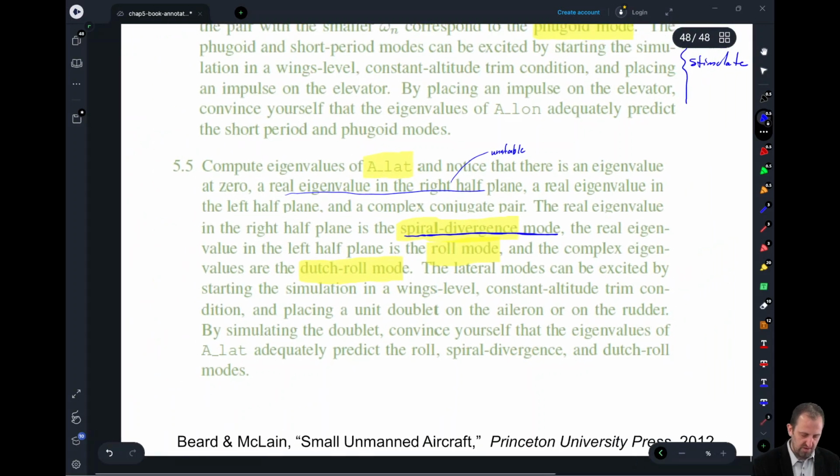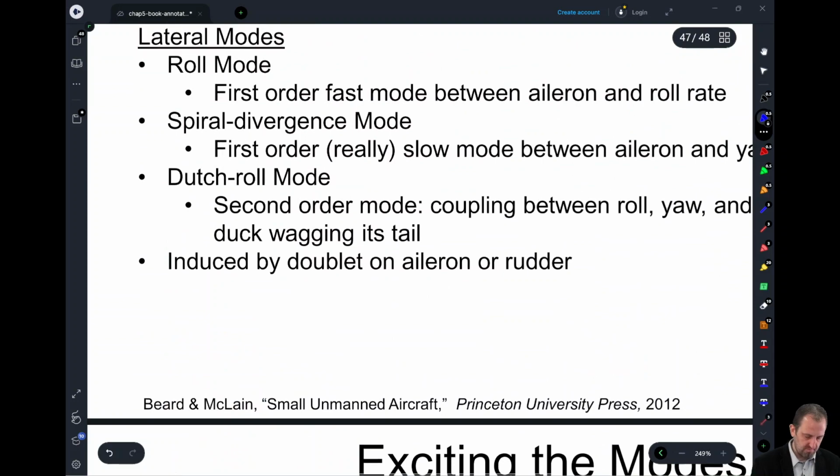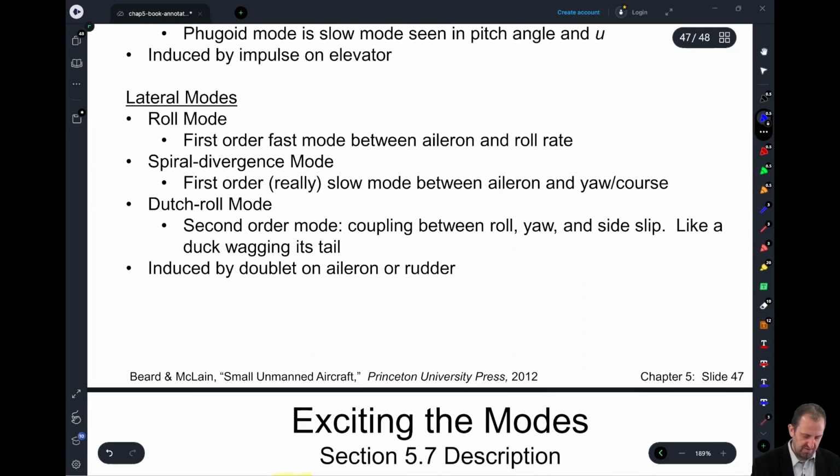Okay, so if we come back up here, it's a first order really slow mode, meaning that it's actually got a small value in its real component. What this tells us is it's slow, meaning that it is unstable, but it's going to go unstable slowly.